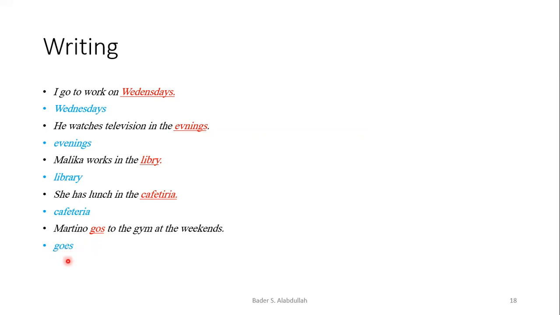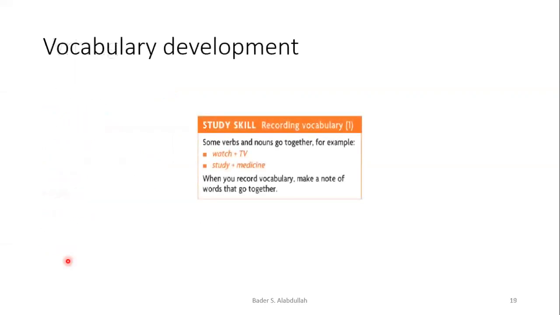Okay, that's how we write goes. These are some examples, and of course, you always have to check and double check for punctuation mistakes, for spelling mistakes, and so on. All right.